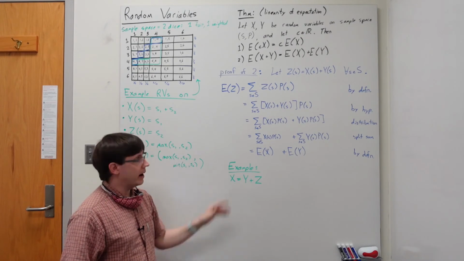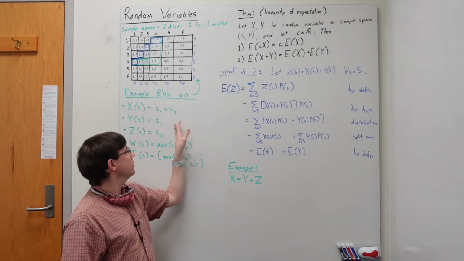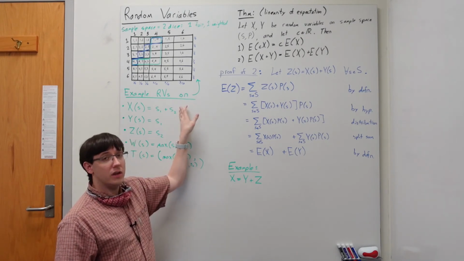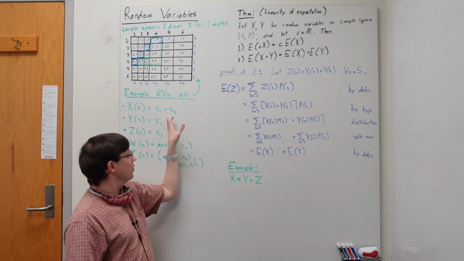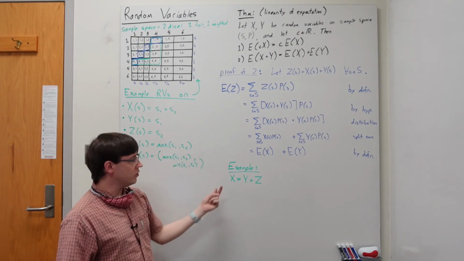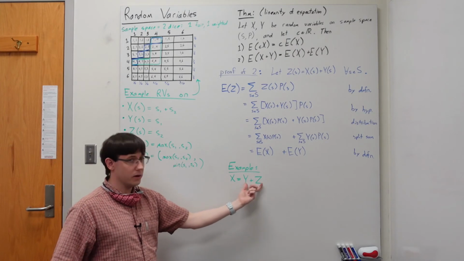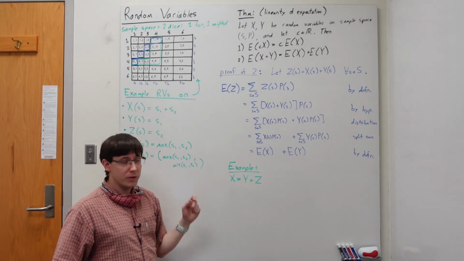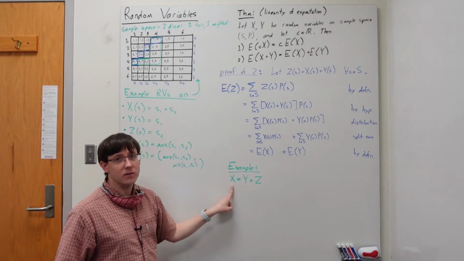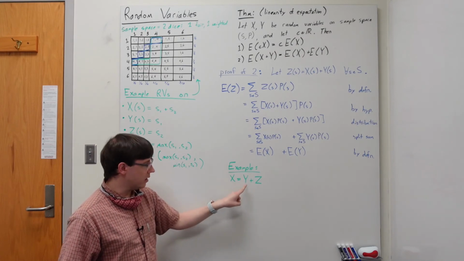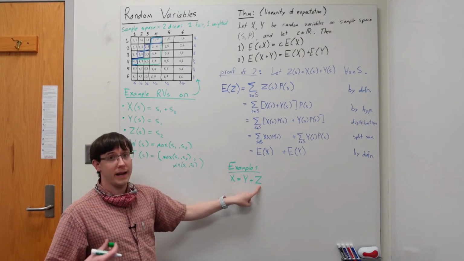So returning to our example random variables, x is the sum of random variables y and z, and so we should be able to use the linearity of expectation to compute the expected value of x as the sum of the expectations for y and z.